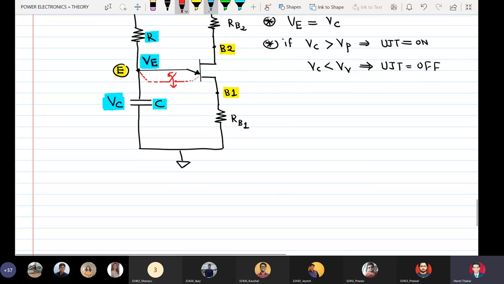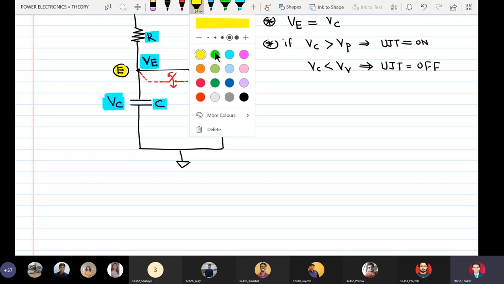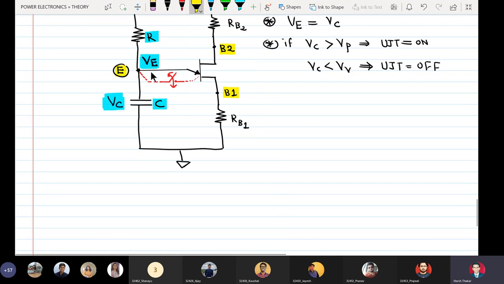Okay, so students, understand one thing, that this particular link will act as an open switch or closed switch depending upon the value of VE. So we can say this is a link. Let me use the same color now.